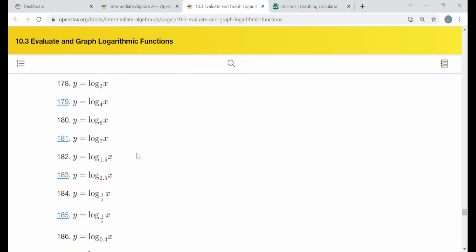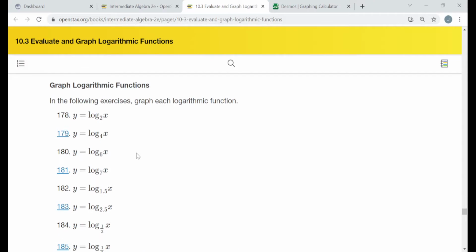I will also have timestamps for these exercises in the description of the video below. So if you look at the description, you'll see example 1's timestamp will be for the start of 178, example 2 for number 180, example 3 for 182, and so on.